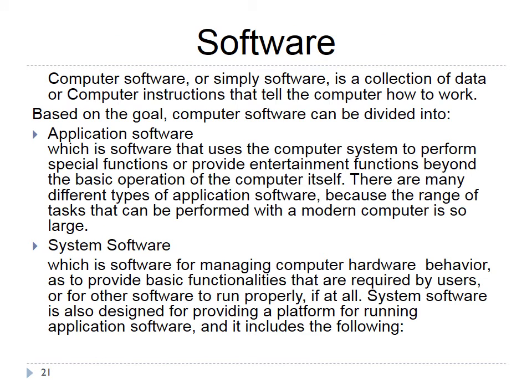Computer software, or simply software, is a collection of data or computer instructions that tell the computer how to work. This is in contrast to physical hardware, from which the system is built and actually performs the work.